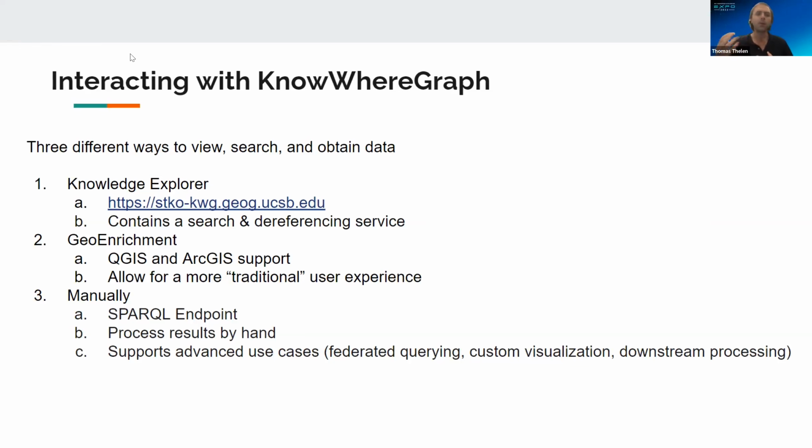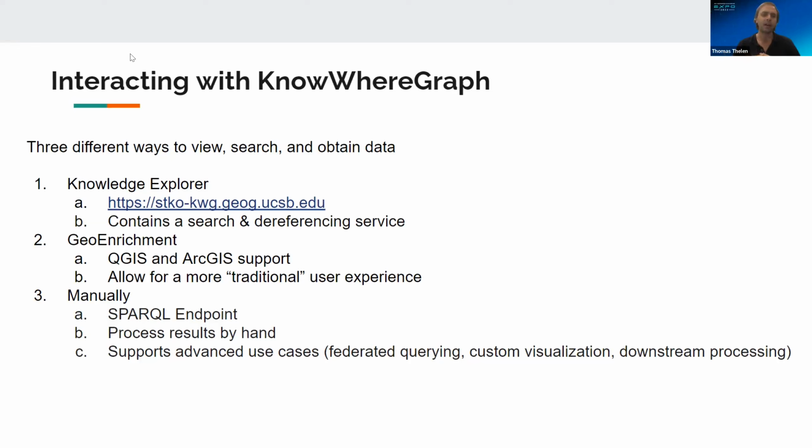There are 3 different ways to view, search, and obtain data in KnowWhereGraph. The first is using the Knowledge Explorer stack, which contains a search interface and a dereferencing service. The second is using the Geoenrichment tool suite, which are plugins for QGIS and ArcGIS, and these allow for a more traditional user experience for somebody who is more familiar with geospatial analysis.